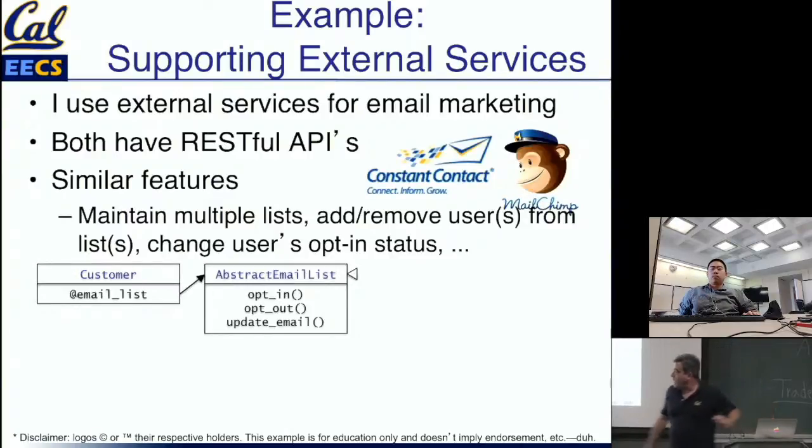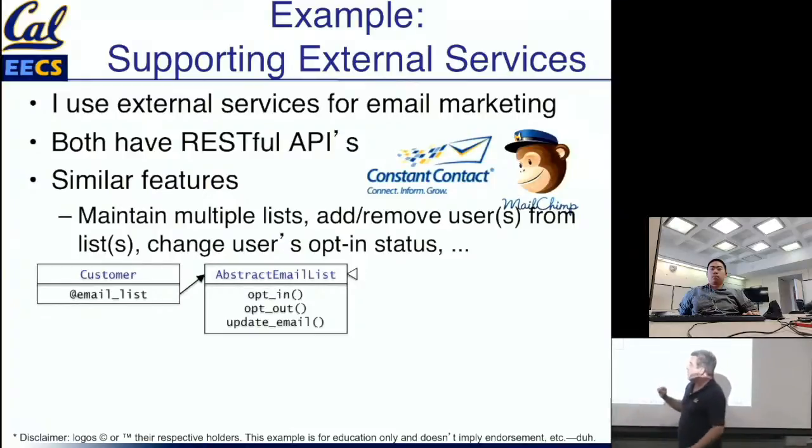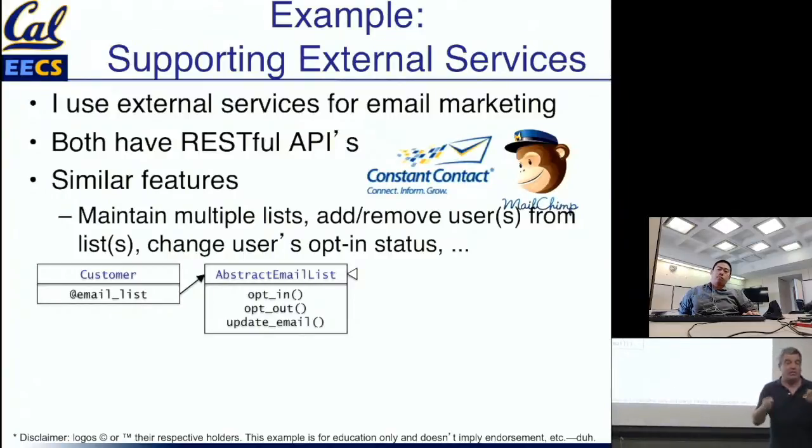My customer model has, as one of its components, a thing called an email list. And the email list is actually kind of like the abstract adapter. The only thing it presents are the methods that its caller would ever care about. So from the point of view of maintaining a customer model and asking if that customer should be on the email list or not, the only thing this model cares about is opt in the customer, opt out the customer, and maybe update the customer's email address if they change their email address on the marketing service.